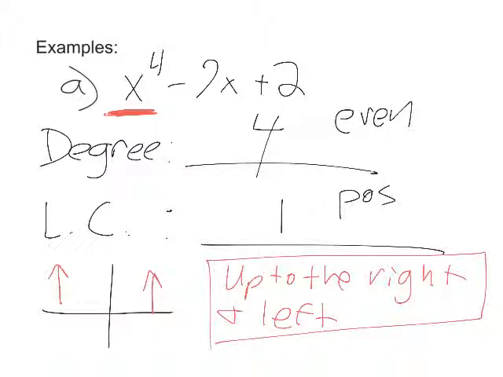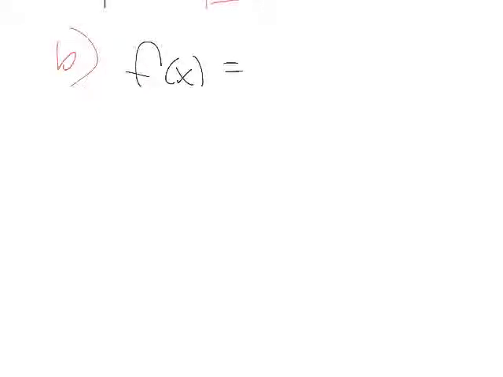All right, let's look at another one. All right, this is a little quadratic. Now this works for the quadratics just like it does for any larger order polynomials, larger degree polynomials rather.